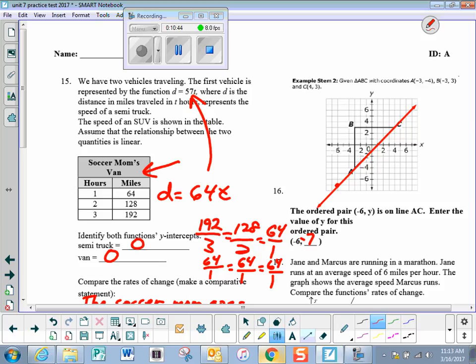The ordered pair negative 6, y is on the line AC. What's line AC? It's AC that you extend. What is the value of y at negative 6? What's the y coordinate? What's this point right here? Negative 7. Look. Negative 6, negative 7.